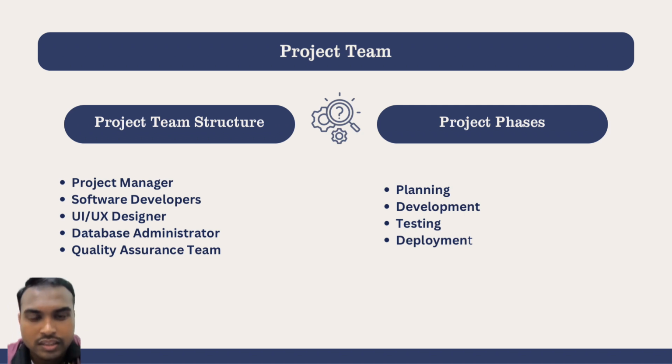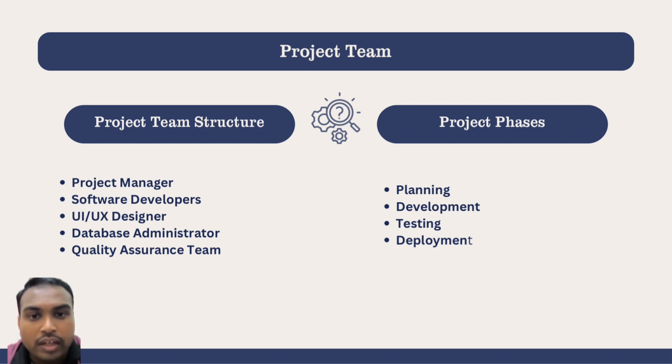In this slide it shows the project team structure and the project phases of the restaurant management system. The team consists of a project manager who oversees the project, software developers who build the system, and a UI and UX designer who designs the user interface.